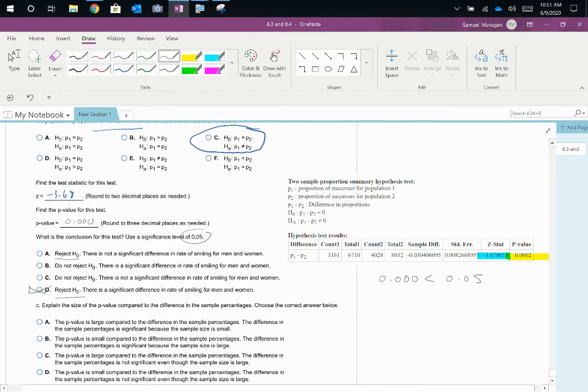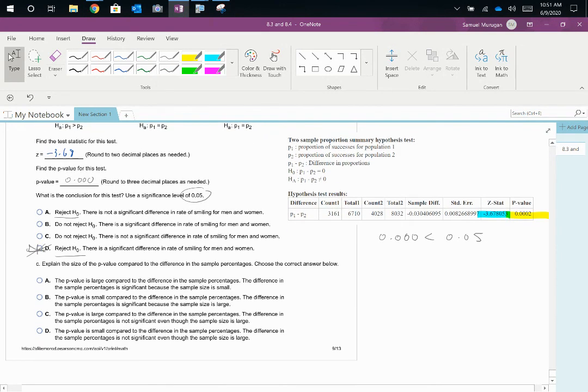Okay? Because we're going along with the alternative hypothesis, since we're rejecting the null hypothesis that they're equal. The null hypothesis is saying that the women and men smile about the same. This is kind of common sense here. When the proportions already show that women are smiling more, so there is a significance difference.